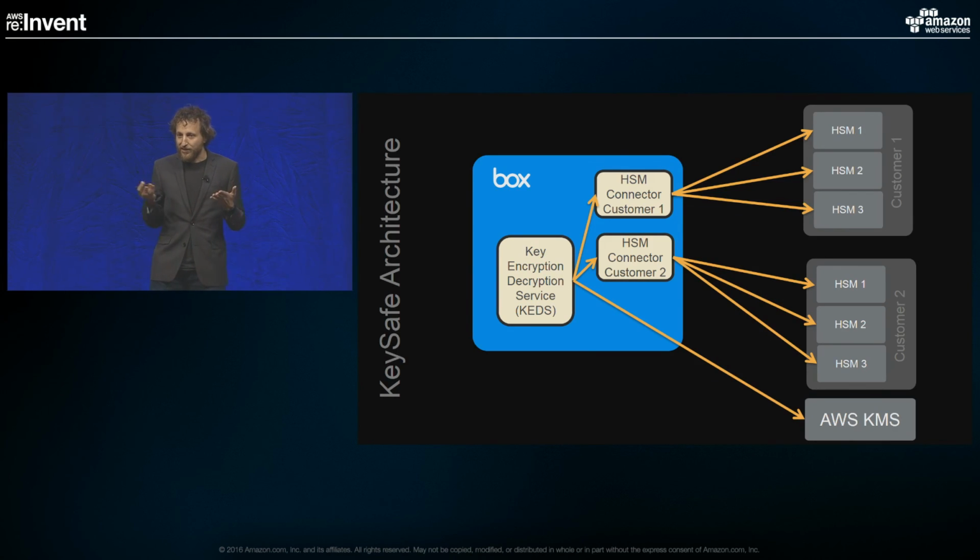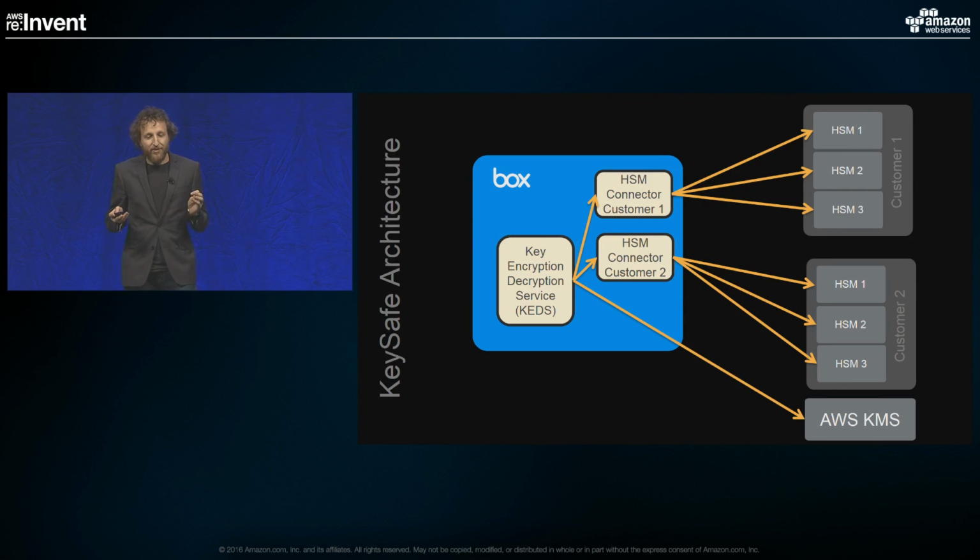If there's a crash and takes out the JVM, it won't impact more than one customer. Then, secondly, inside each one of these HSM connectors, we talk to each HSM individually. That way, if one of them locks up, we can quickly fall back to another one without the customer realizing it. If you compare this to KMS, it's just a RESTful call using the SDK.